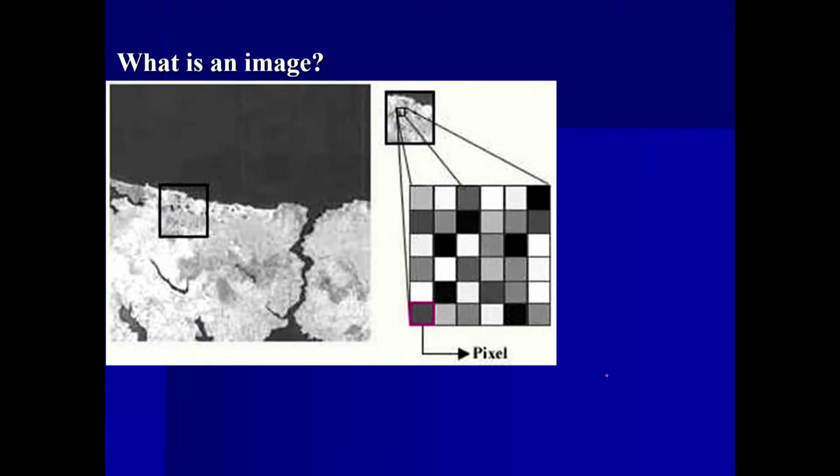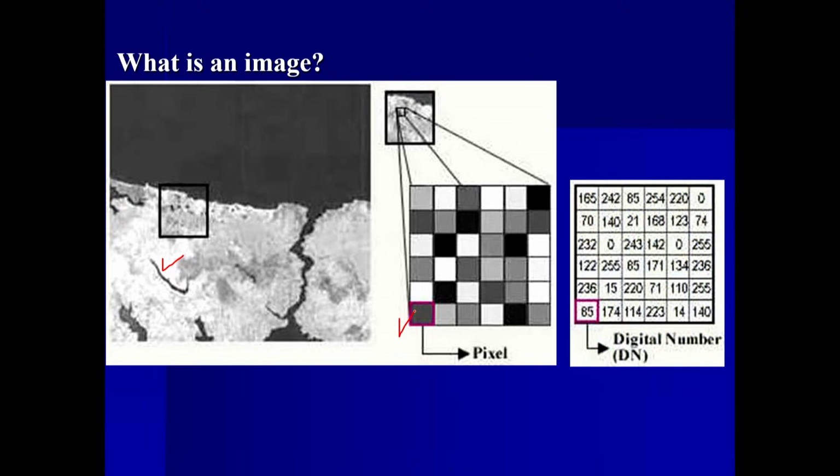So for that we have to see a further definition of what an image is. Here for the satellite also, if you zoom into some portion, this is a satellite image, and if you zoom up to a certain level, you see the pixels appearing like small boxes. And further, if you zoom within a box, you will find some numbers, and these are your digital numbers.